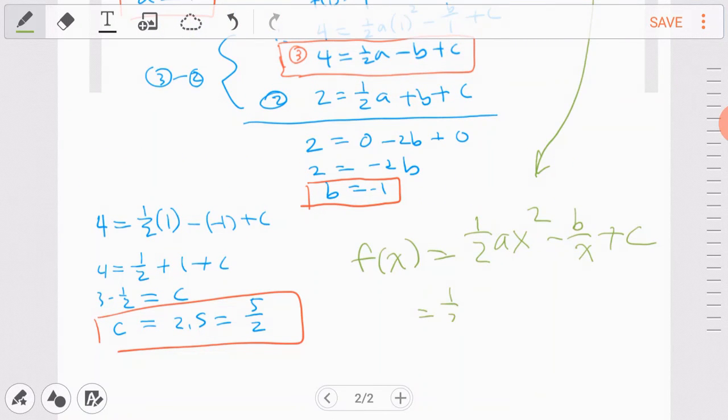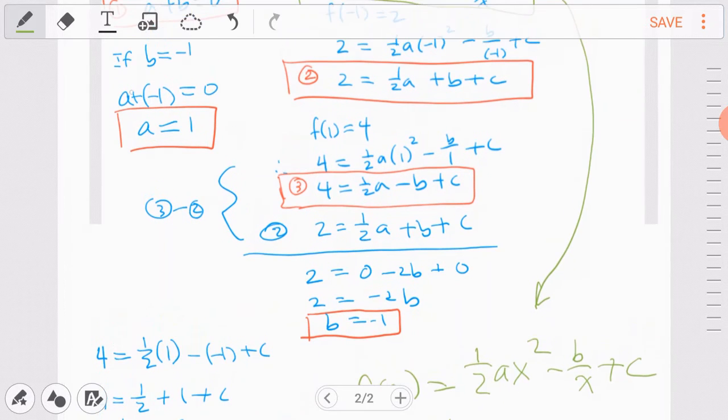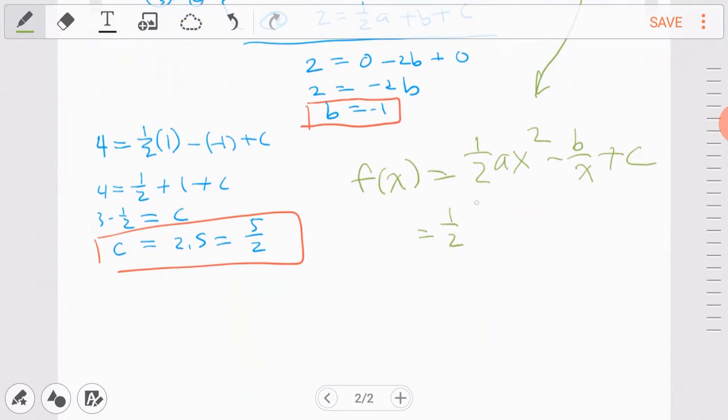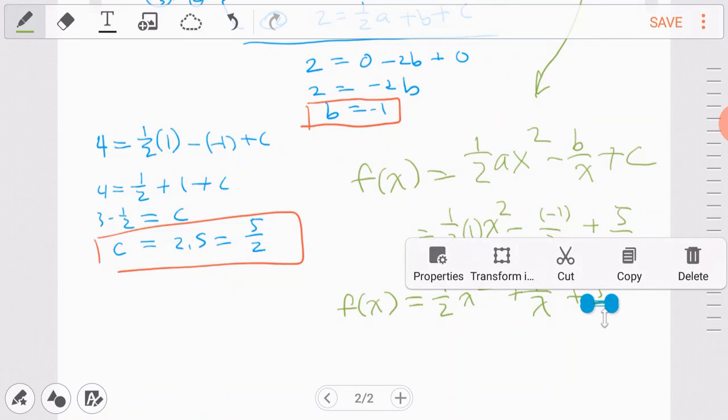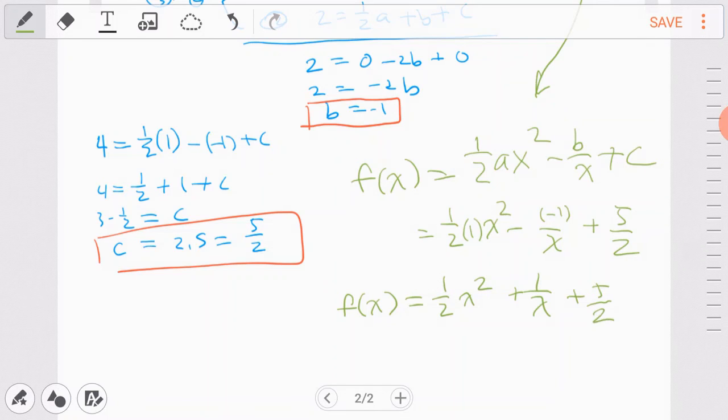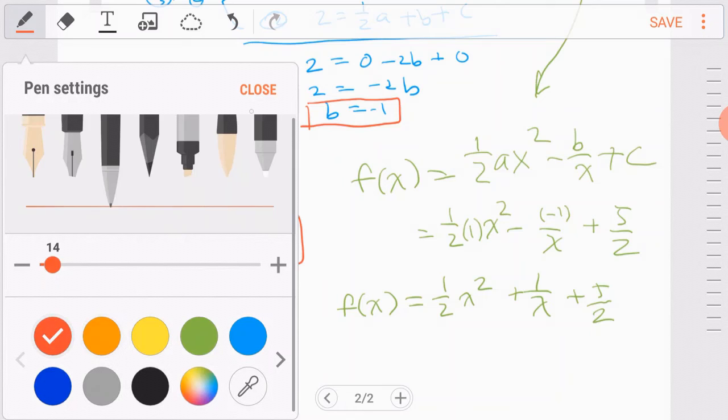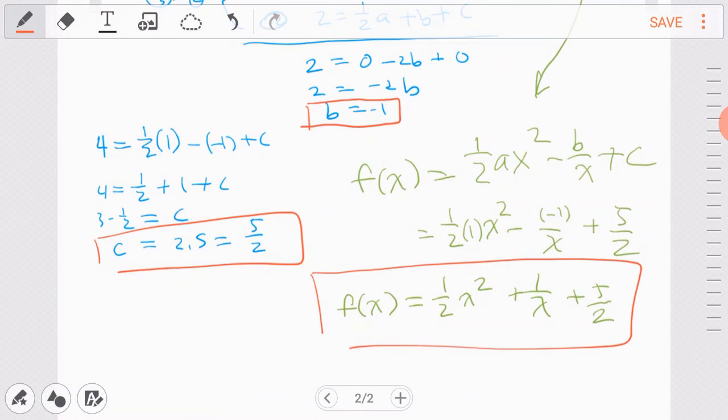It's equal to 1 over 2 times 1 x squared minus b, which is negative 1, over x, and then plus c, which is 5 over 2. So we get our final equation for f of x is equal to 1 over 2x squared plus 1 over x plus 5 over 2. And that is our final equation for f of x.